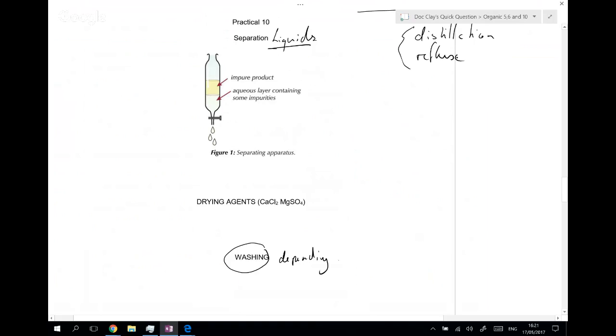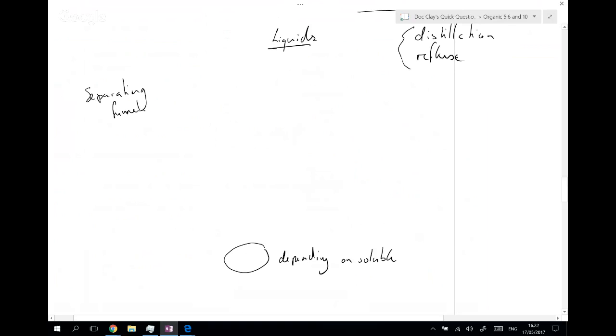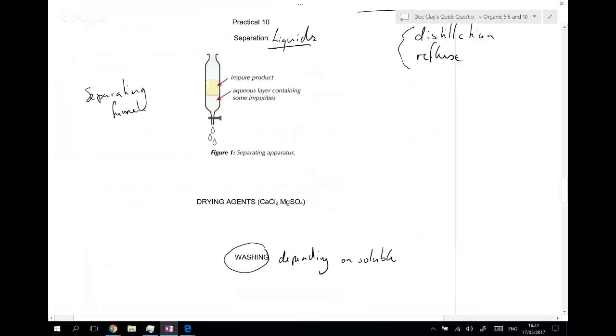If you've got water-soluble impurities, mixing with water will dissolve those impurities, and then you could put them in something like a separating funnel. All the separating funnel does is allow any immiscible substances to separate, so you end up with 2 separate samples, and then you can simply tap off each sample.